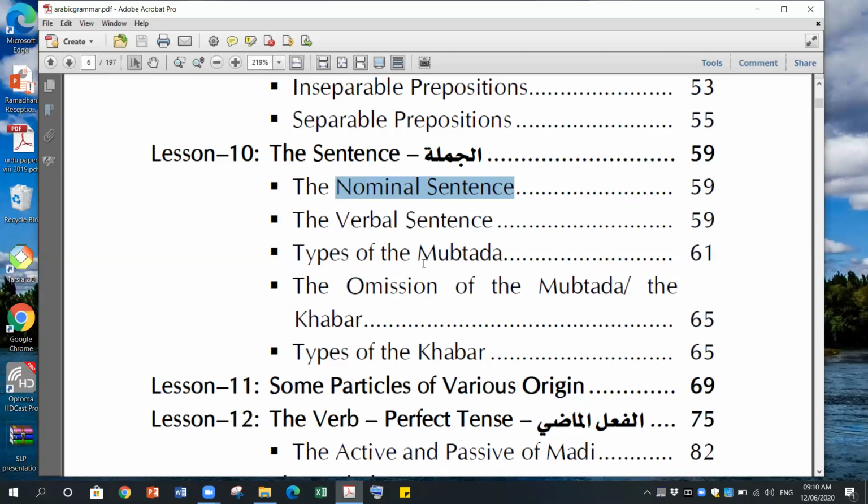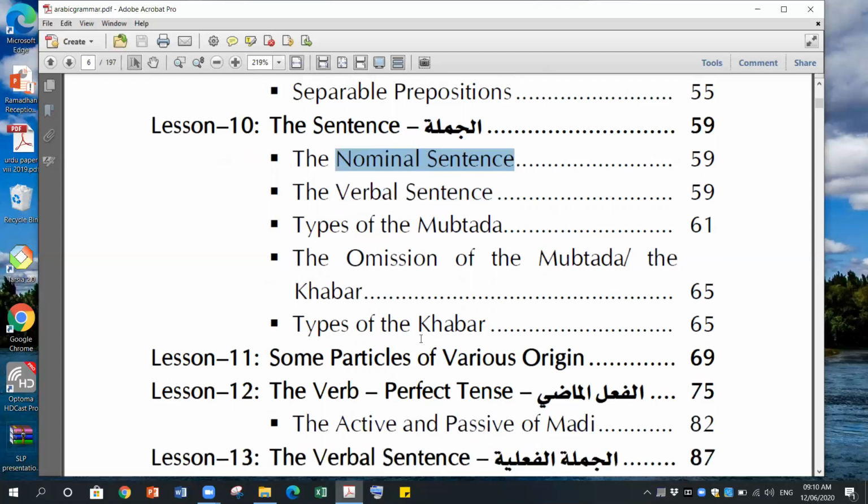The first one will be mubtada and the second one will be khabar. Okay, predicate. And what is the term for mubtada? Subject. Okay, so we have done that, right?